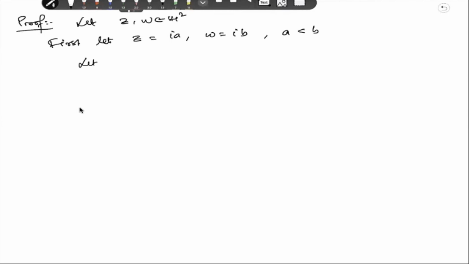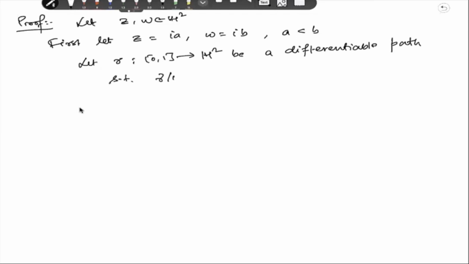Let gamma be a differentiable path joining these two points z and w, such that gamma(0) is equal to ia and gamma(1) is equal to ib.